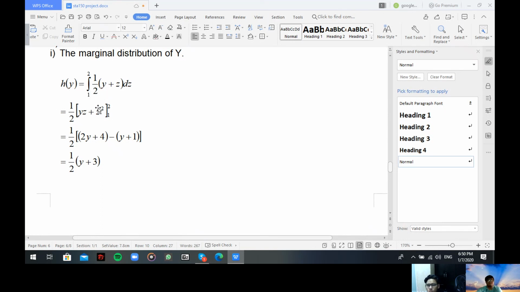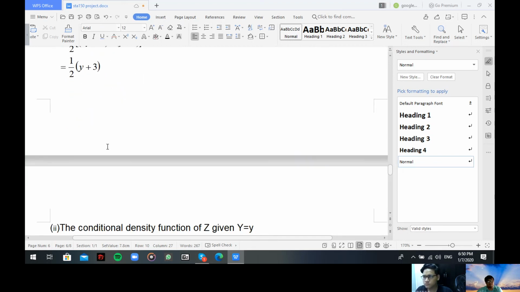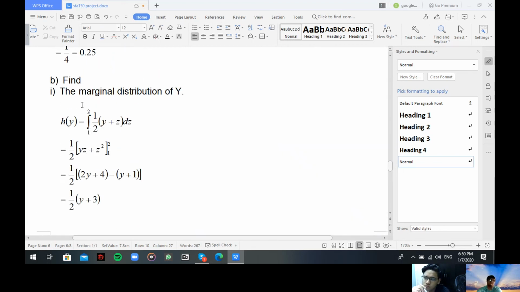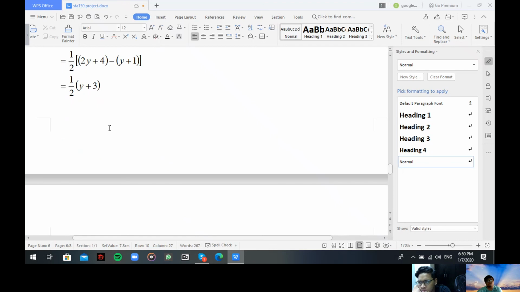So just find h(y) and I will get 1 over 2 y plus 3. And then if the question asks to find the marginal distribution of Y and Z, then you need to find h(y) and g(z). But this question just asks for the marginal distribution of Y, so I just find h(y).